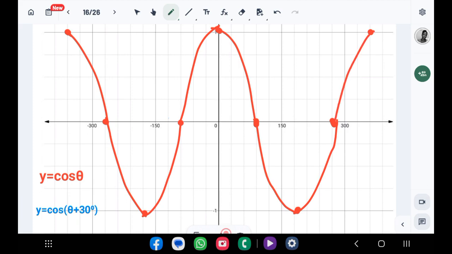Now let's draw the graph of y equals cos of theta plus 30 degrees. This one is shifted 30 degrees to the left. So we go to the first one. Okay, let me fix this bit.